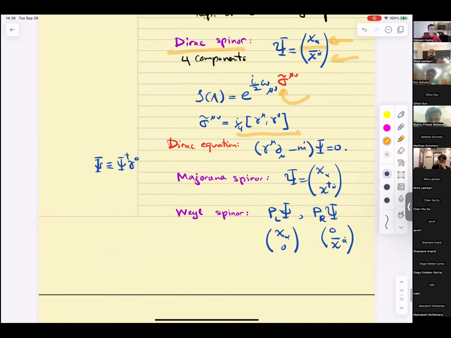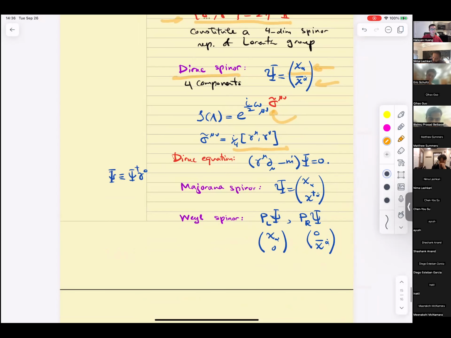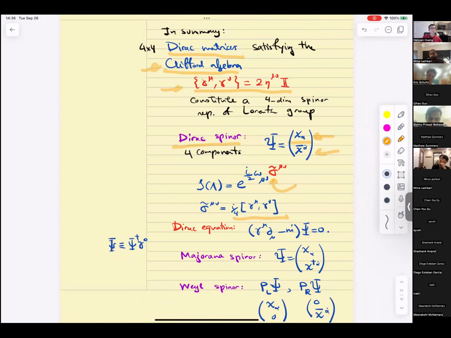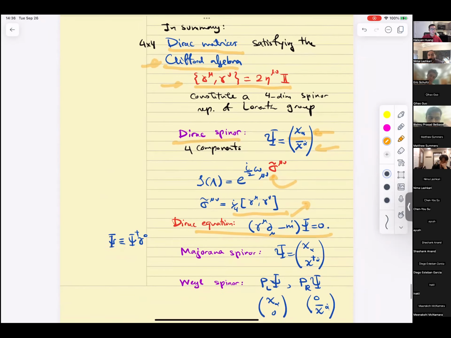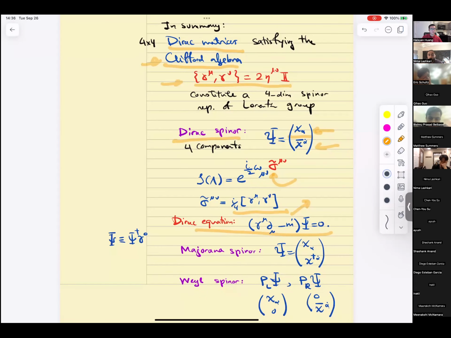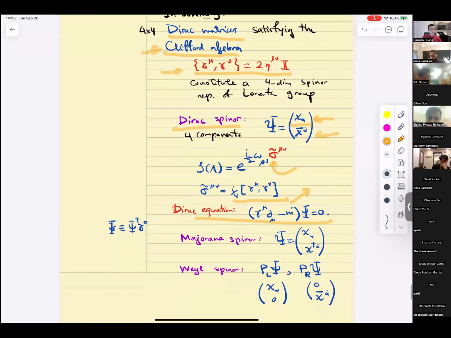Now, what's the equation of motion of such a field? We wrote down an action for it. Here's the equation of motion for it. This is a mass, called the Dirac mass, that I'm taking to be real for now. The 4-component object is a Dirac spinor.